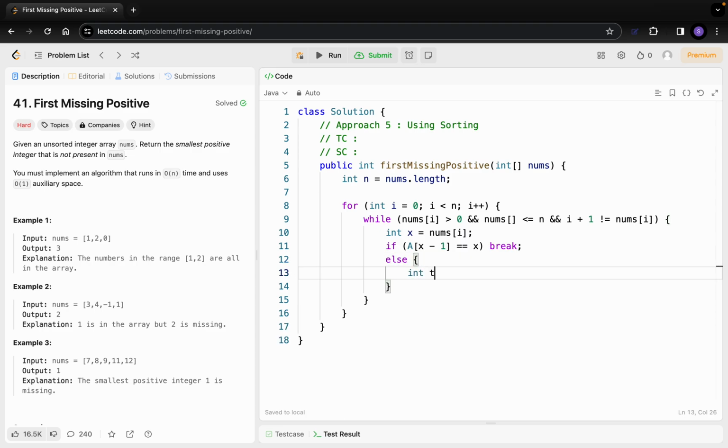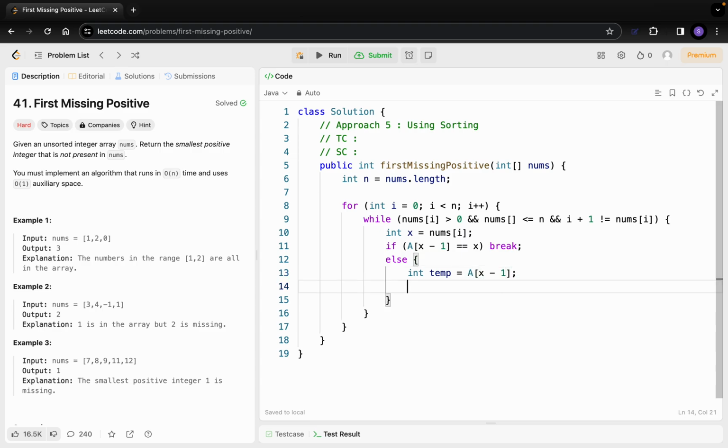In temp I will take a of x minus 1, and at a of x minus 1 I will put the x element, and at a of i I will put the temp.